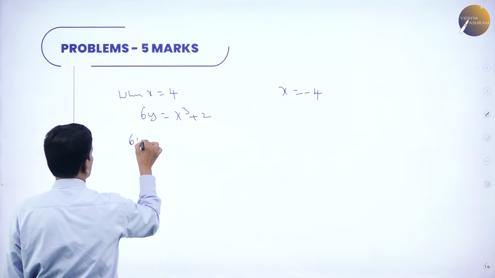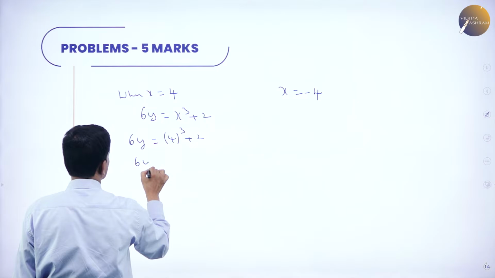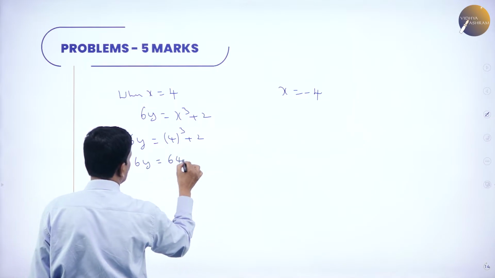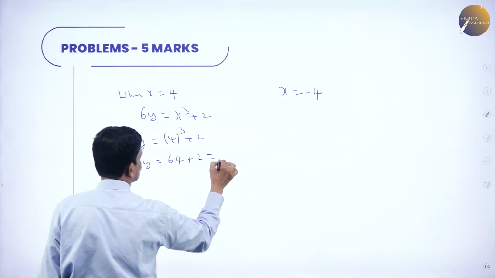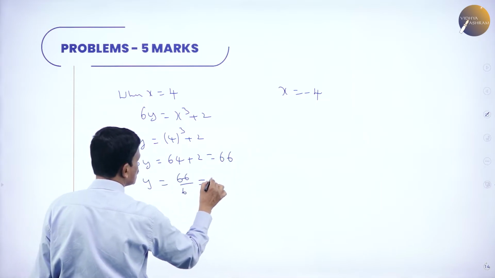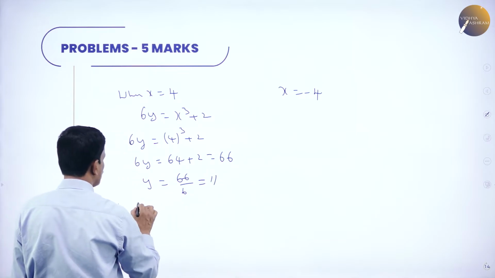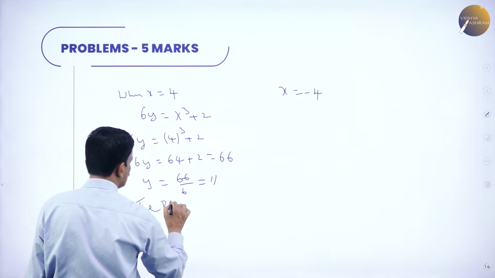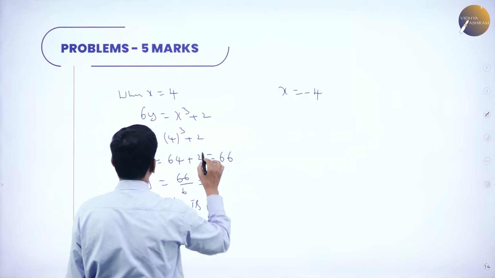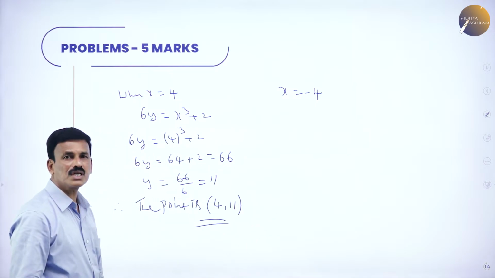Substitute here: 6y is equal to 4 cube plus 2. 6y is 4 cube, 4 4s are 16, 16 4s are 64, plus 2, that's equal to 66. Y is equal to 66 by 6, which is 11. So therefore the first point is x is 4 and y is equal to 11.